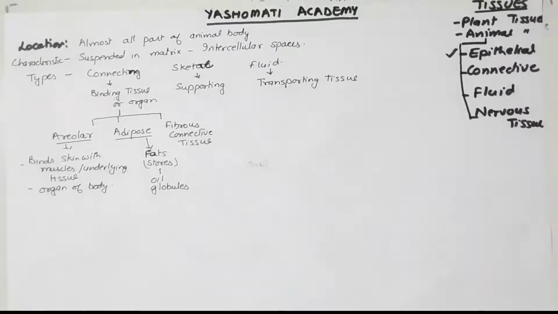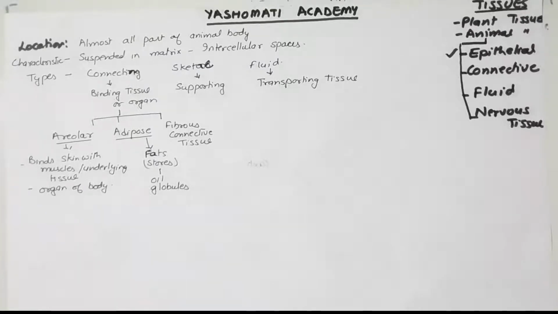Because of this adipose tissue, the body becomes fat. We must remember that the adipose tissue, when it stores fat in it, then its size increases. So that means the volume of the fat person is more because volume of adipose tissue present in his body is more. So the number of cells will be same or roughly same, but because the cells are having more volume because of more storage of oil globules in them, that is why the body becomes fat.